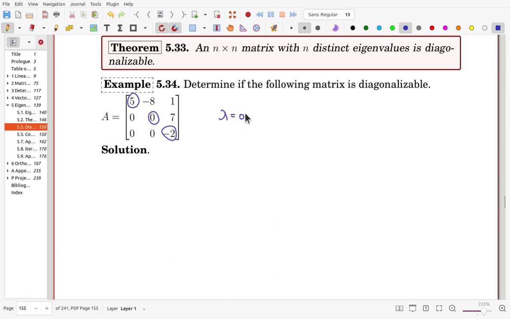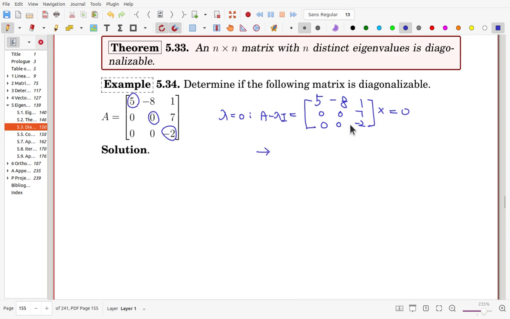Lambda equals 0. Then A minus lambda I is the same as the original matrix: 5, -8, 1; 0, 0, 7; and 0, 0, -2. Now we have to solve this homogeneous system. Again, we use the same technique, elementary row operations for the augmented matrix, but the extra column will be 0 so we ignore it.